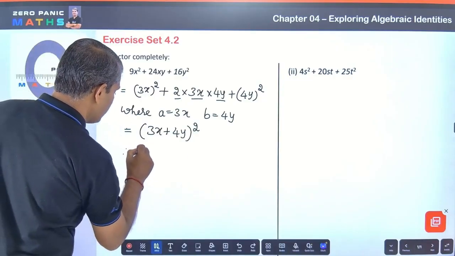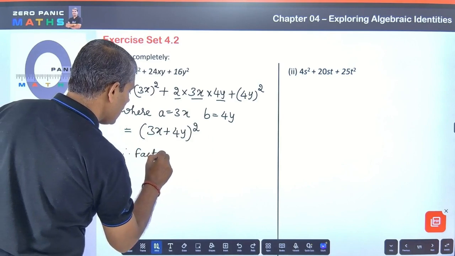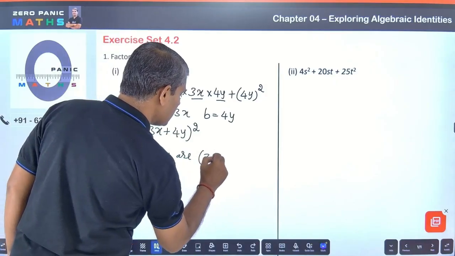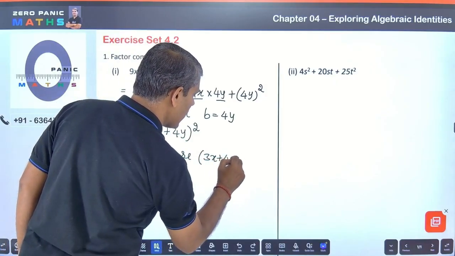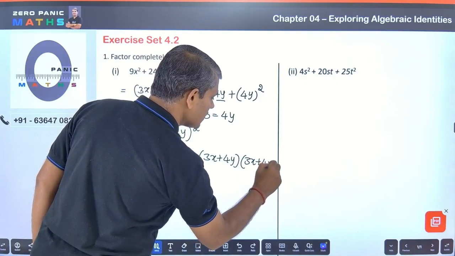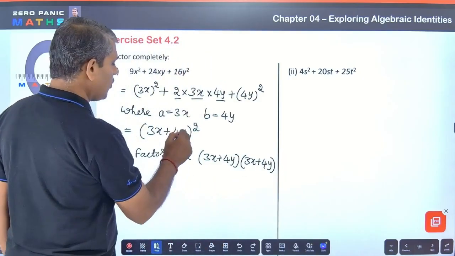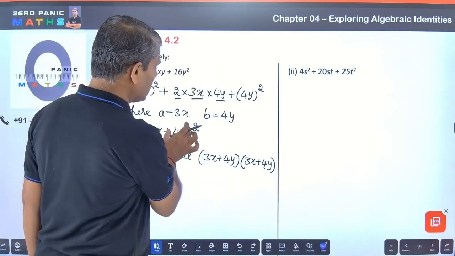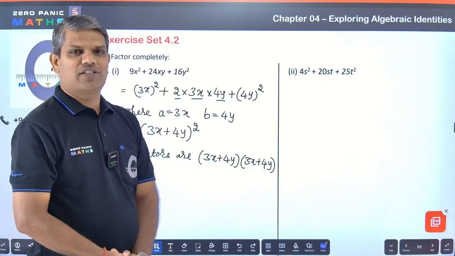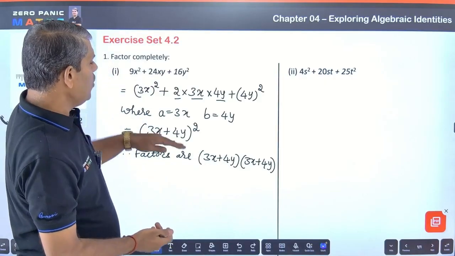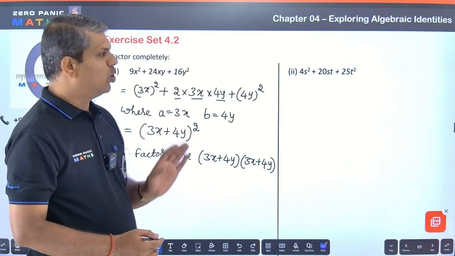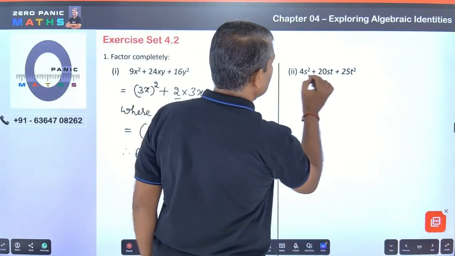So there are two factors, and those two factors are similar, 3x plus 4y and another 3x plus 4y, which is 3x plus 4y whole square. You can write it this way or that way, because these are two different factors which are equal to each other. Understood, right? So this is how you need to factorize it, by using the identity a plus b whole square. Now let us do the same thing here also.